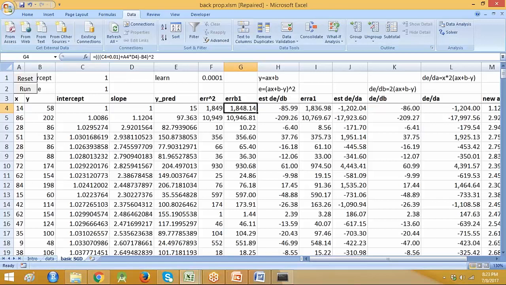That the direction of change is okay, or when intercept is increased slightly, my error has also reduced slightly. Does that make sense?